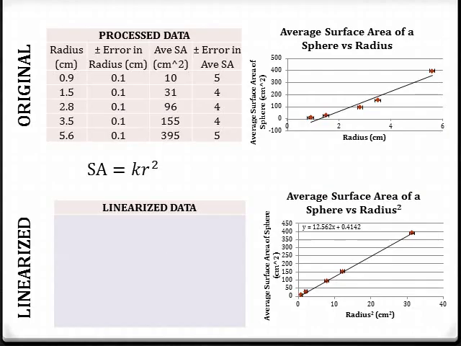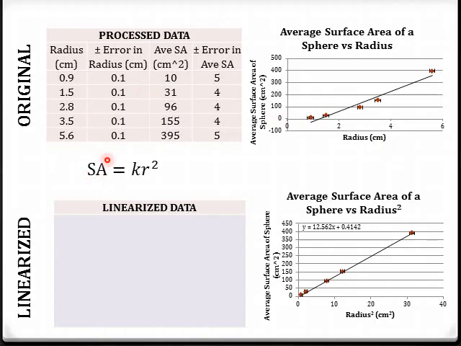Alright, on this slide you can see we have our original data that's nonlinear. I put the linear trend line back on, but you can see it doesn't go through the error bars and it doesn't fit. That's because surface area is not proportional to radius, remember? So I have my original process data table for this graph as well. We said we want to make a graph that is proportional.